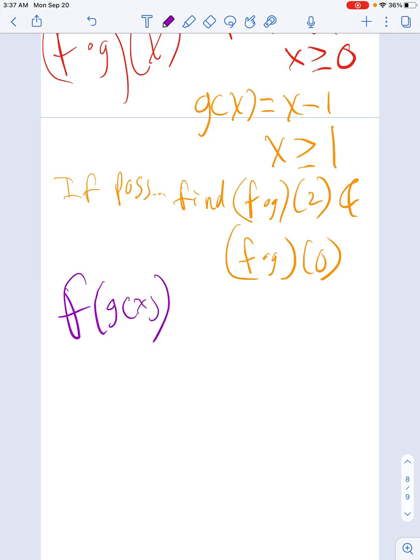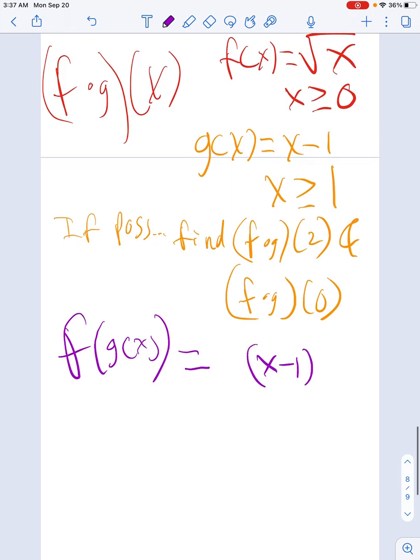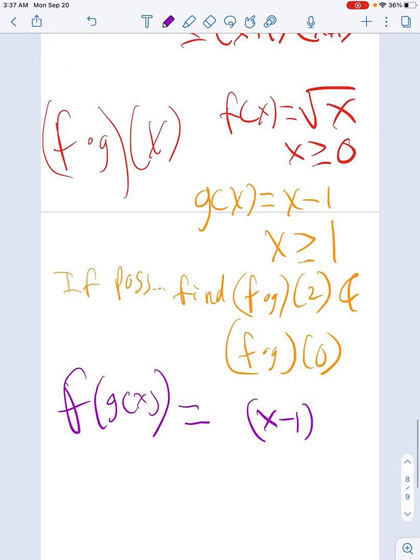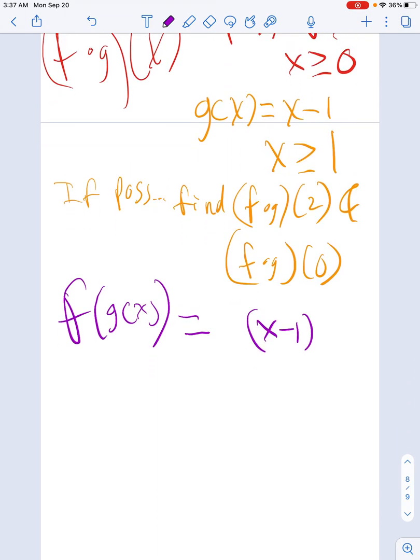So f of g of x. I'm going to take g of x, which is x minus 1, and plug that into everything that was f of x. f of x was the square root of x, so I'm going to take the square root of x minus 1.